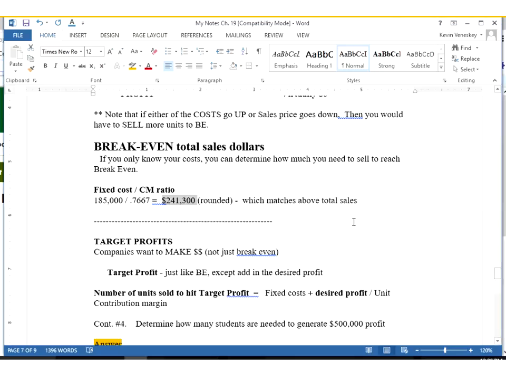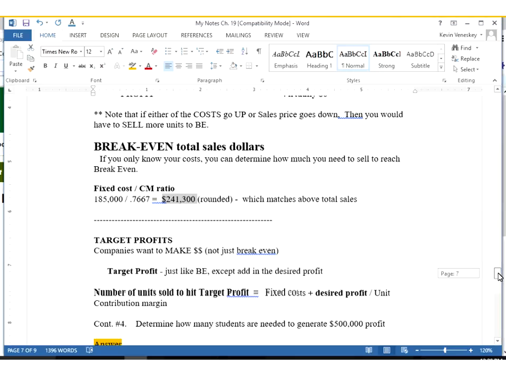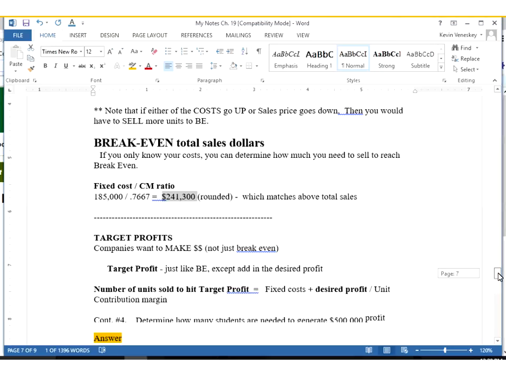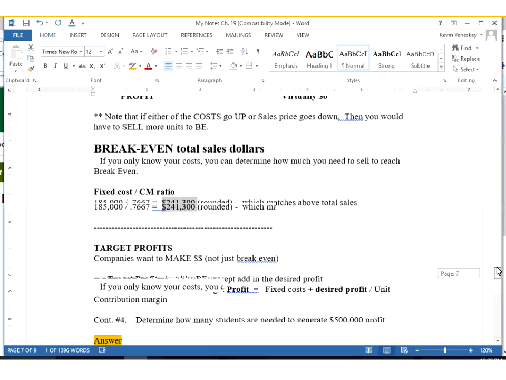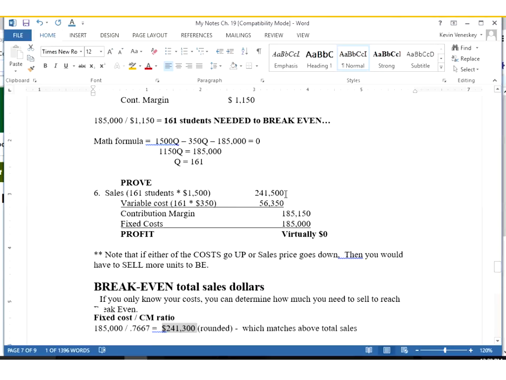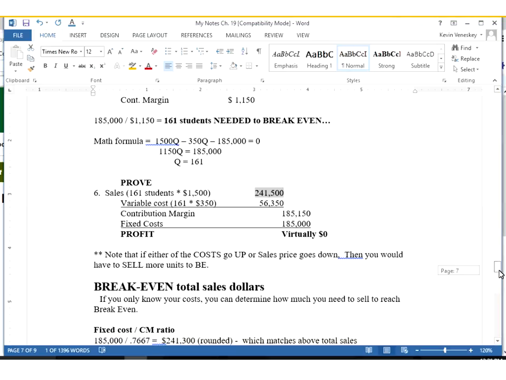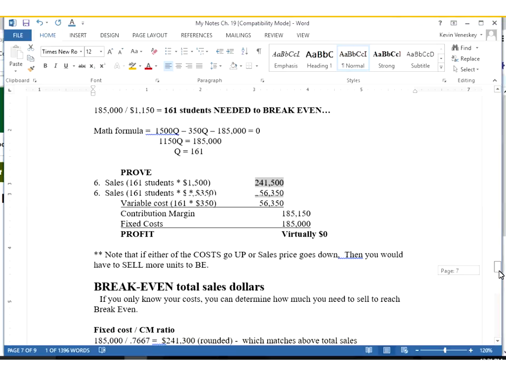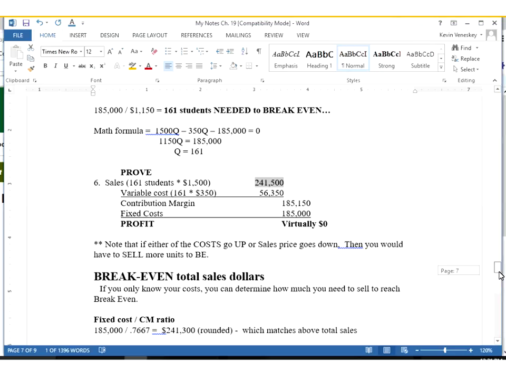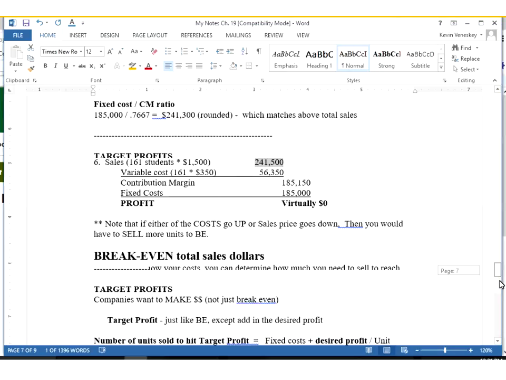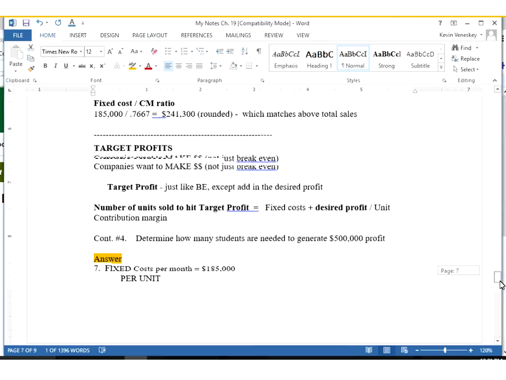So fixed cost divided by our contribution margin ratio. I need to sell approximately $241,300 worth to break even, and that number matches within rounding the sales that I did on my previous proof.